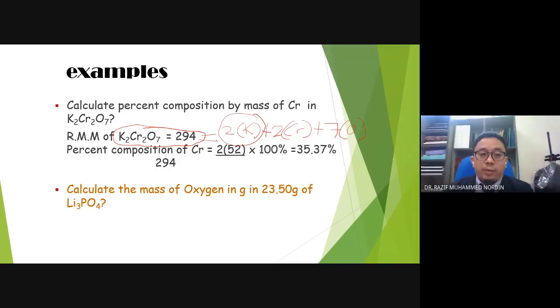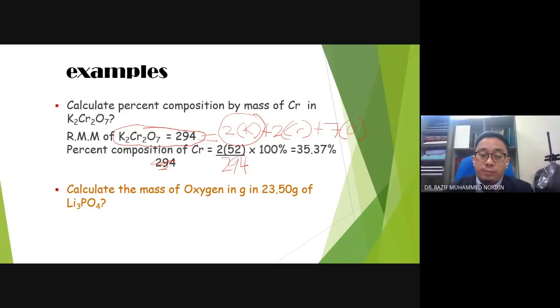And then percent composition dia tu chromium. You tahu chromium dia adalah 52. Okay. Ini bukan duduk di sini, sepatutnya duduk di sini ni. Mungkin disebabkan saya guna different computer tu, dia ada sedikit lari.